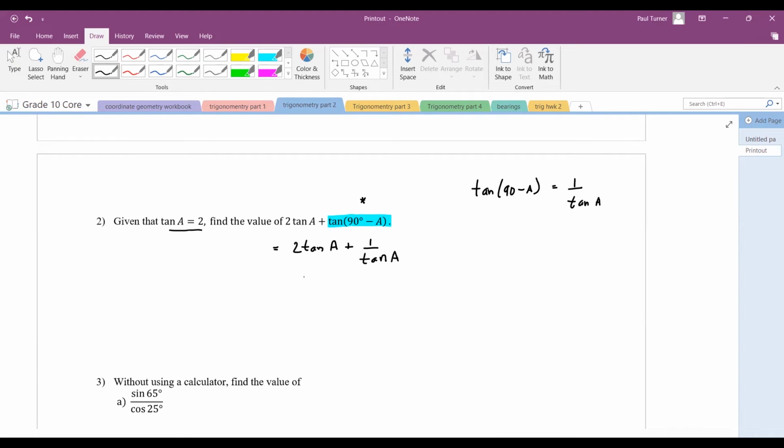So this is 2 times tan A, and tan A is 2, plus 1 on tan A, and tan A is 2, so that will go here. So you've got 4 plus a half, which is 4 and a half, or 9 on 2, and that's going to be your final value there.